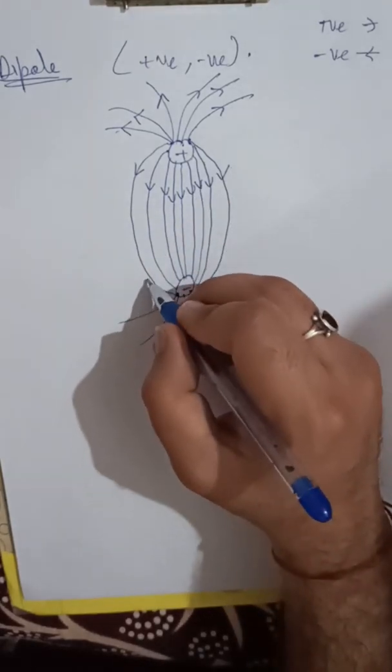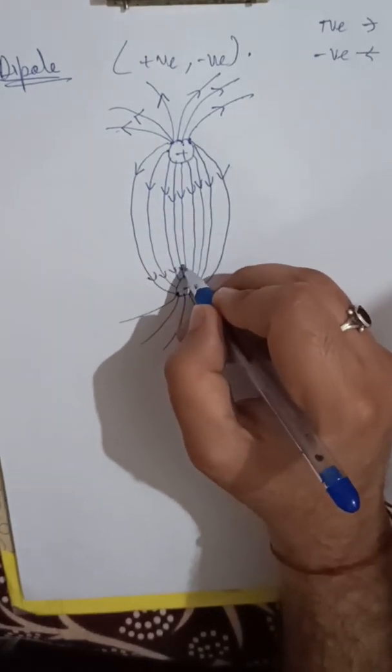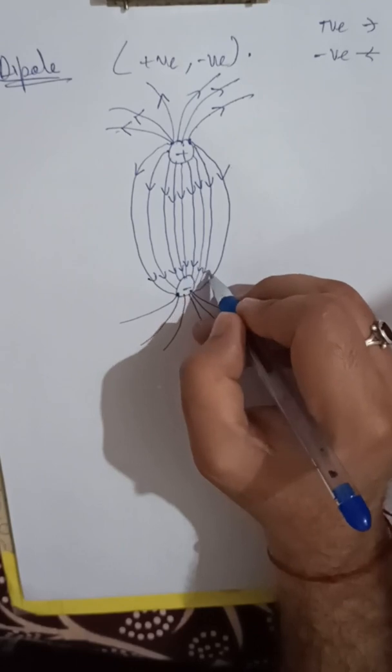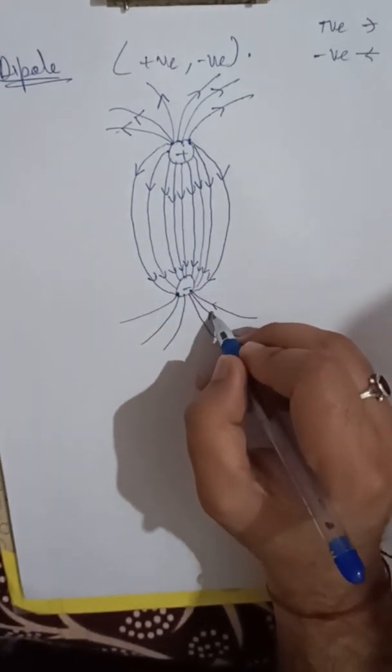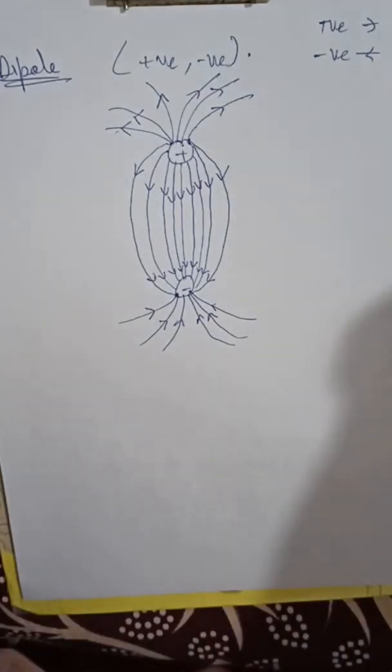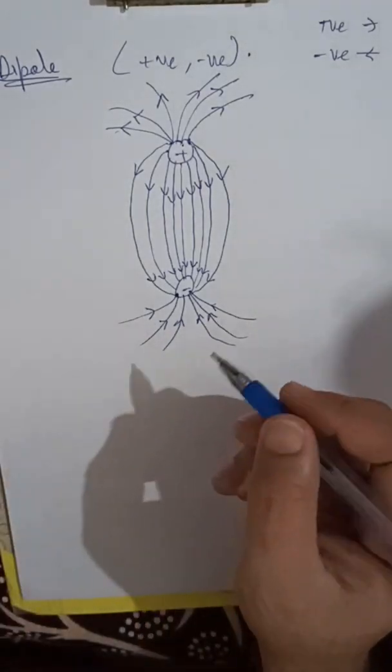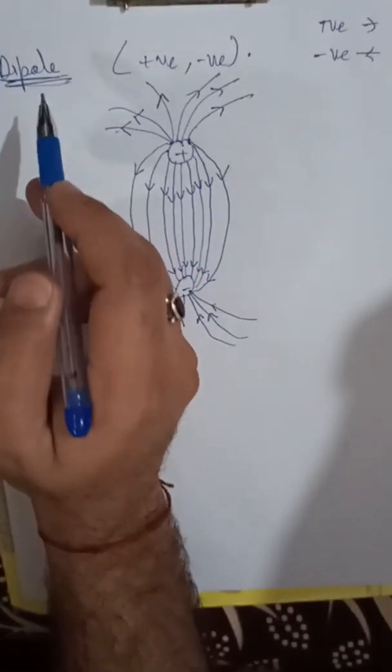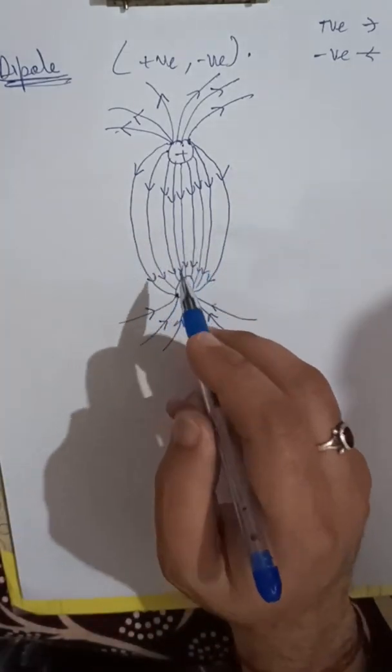And for negative, these are inward. This forms your electric field lines representation in dipole.